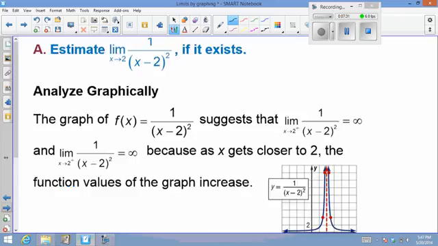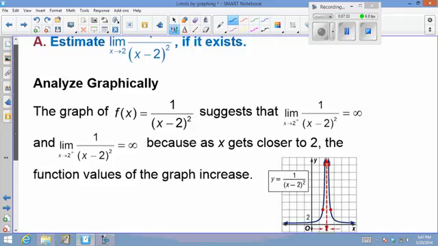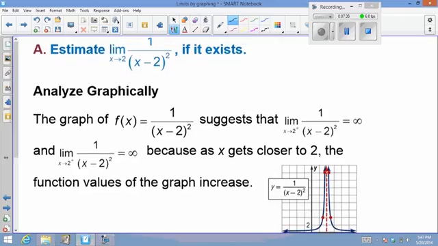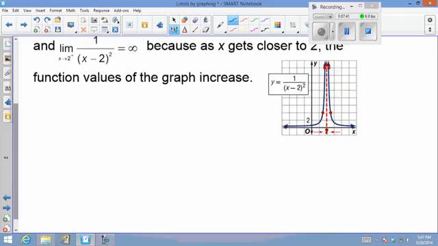I can also look at the limit of f of x as x approaches 2 of 1 over x minus 2 squared. Look at this graph. My graph here goes up, and if I look at 2, which is where I wanted to find my limit, it goes straight up to infinity.